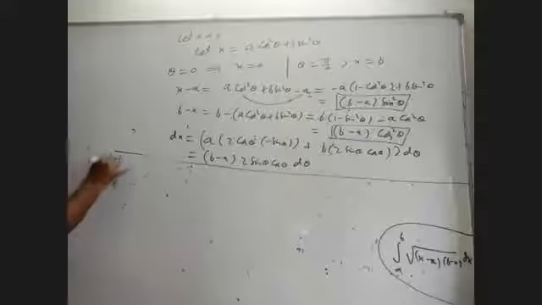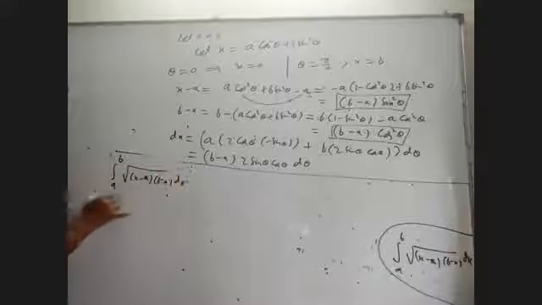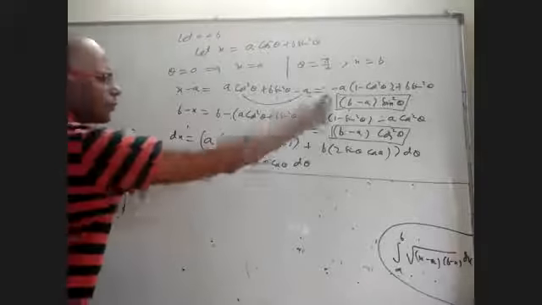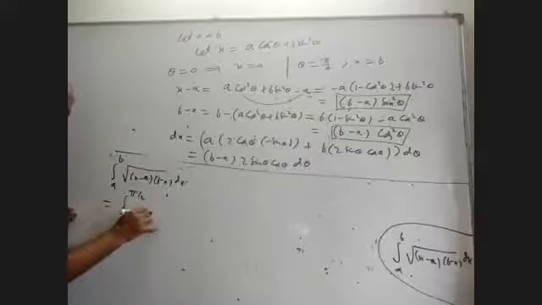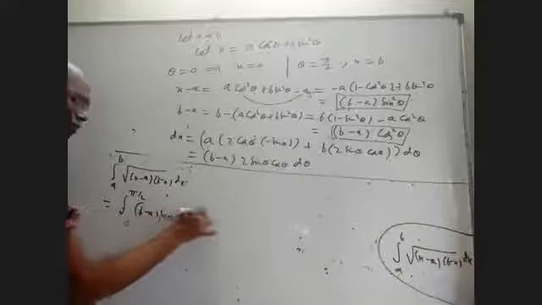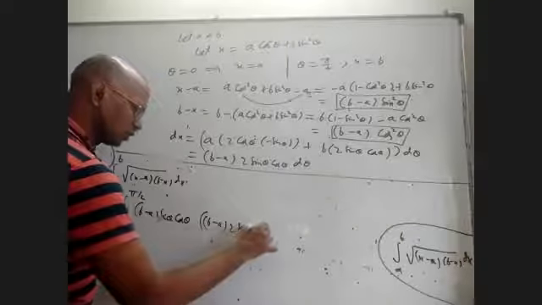Integral a to b root over x minus a into b minus x is integral 0 to pi by 2. This is in these two together. When you multiply and take square root, it is b minus a into sin theta into cos theta, and dx is another b minus a into 2 sin theta cos theta dx.